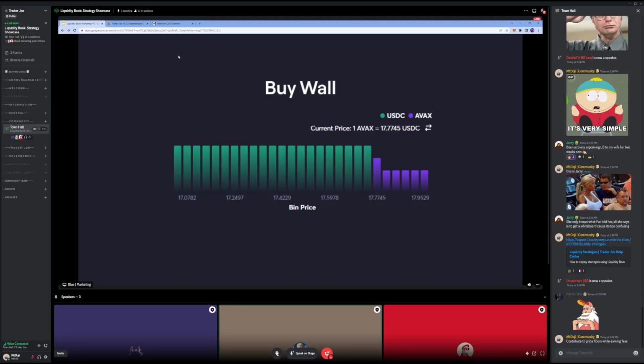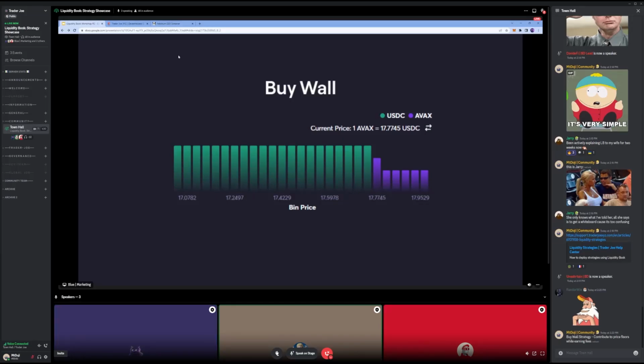Now, this is a particular strategy where indeed, as you mentioned, protect the price is also a way for some users that would like to offer deep liquidity in a specific range, assuming that one will expect in this example price to bounce back from 17.